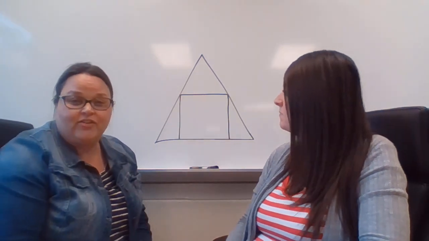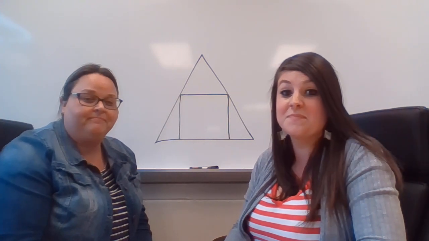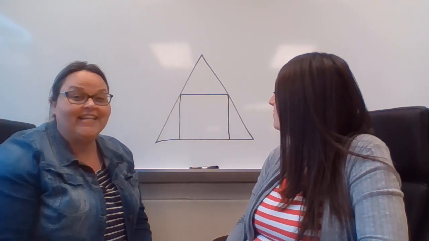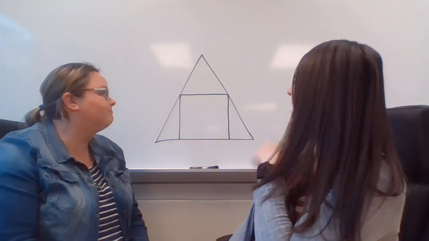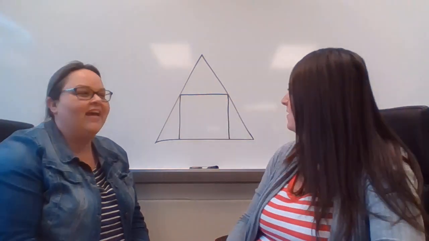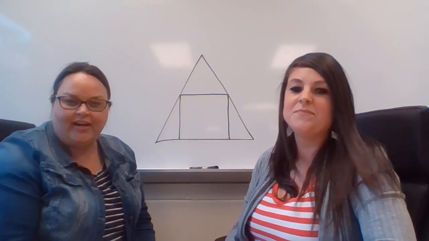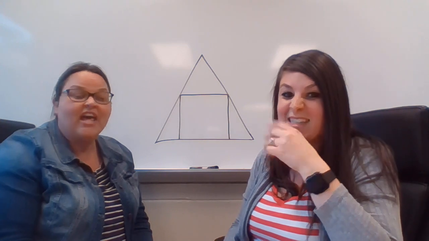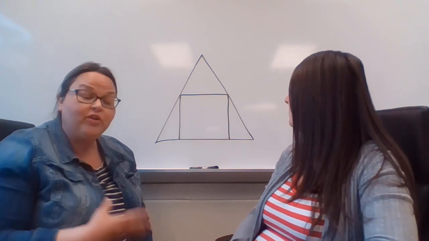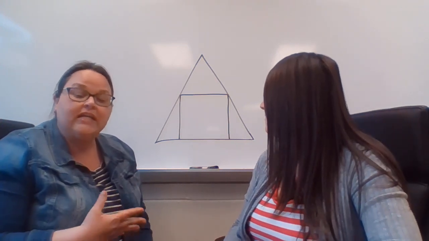Do you see any other shapes in this picture? I see triangles. What makes a triangle? Three sides. So if you have a shape with three sides, it's a triangle.